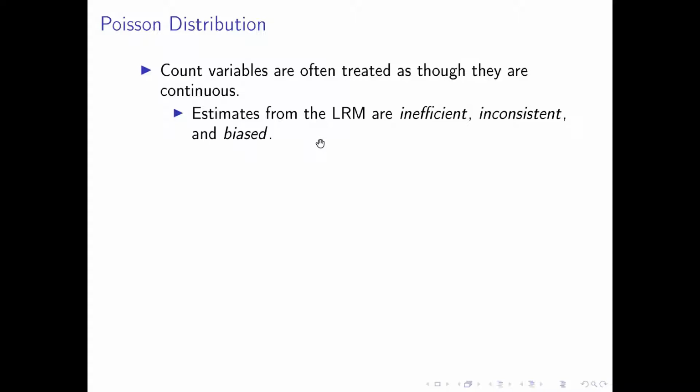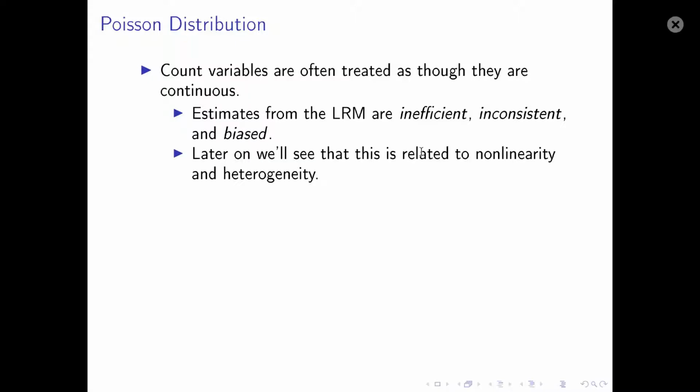For example, in healthcare utilization, number of visits to clinic during a year. Quite frequently, people use linear regression models to predict or simply model count response variables. But the estimates from linear regression models quite often are inefficient, inconsistent, and biased.